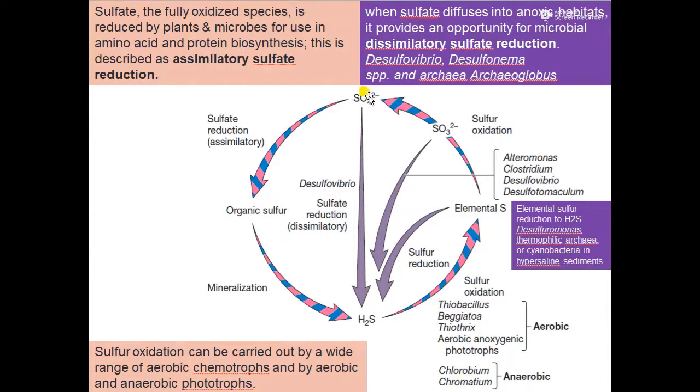We have different forms of sulfur components like sulfate, sulfite, elemental sulfur, H2S and organic sulfur. The first described step is sulfate reduction, which can happen either aerobically or anaerobically. Aerobically, it happens in the plants as well as in the microbes. Sulfate is a fully oxidized species, and it is reduced to organic sulfur, which forms components of amino acids and proteins, by an aerobic process.